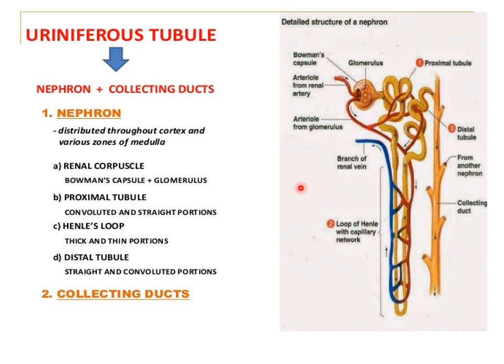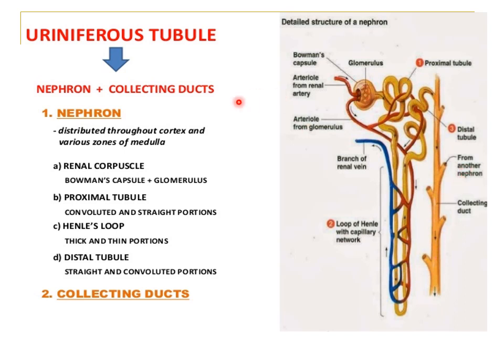As we have said, there are 1 to 4 million nephrons in each kidney. The nephron starts with the renal corpuscle, which constitutes the glomerulus and the Bowman's capsule, and then the proximal convoluted portion and the straight portion of the proximal tubule, then Henle's loop, which has thick and thin portions, and then the distal tubule, which also has a straight portion and a convoluted portion, and then they open into the collecting tubules, and all the collecting tubules gather in the collecting ducts.